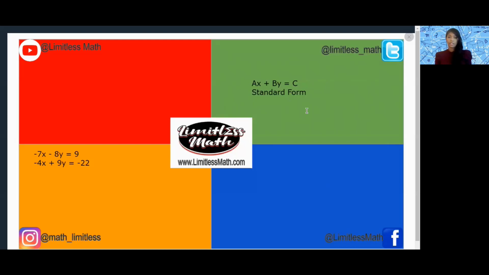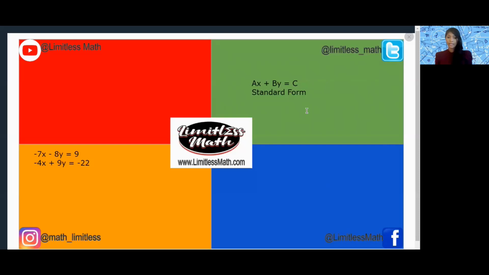For example, the x terms, we have a negative 7 and a negative 4. Those won't eliminate. And we also have a negative 8 and a positive 9y. Those won't eliminate either. So we want to change those coefficients so that we have a matching pair, one number positive, one number negative, so that a variable will eliminate.